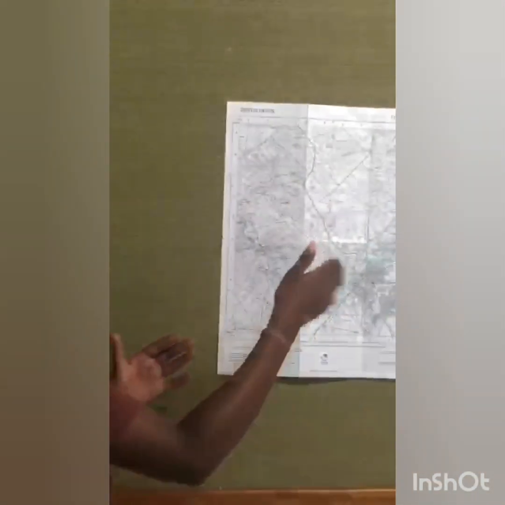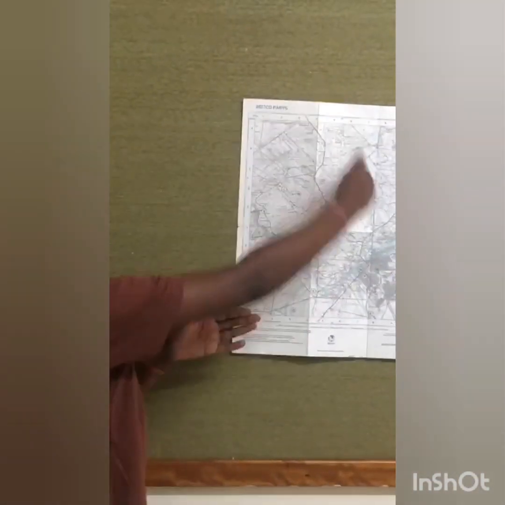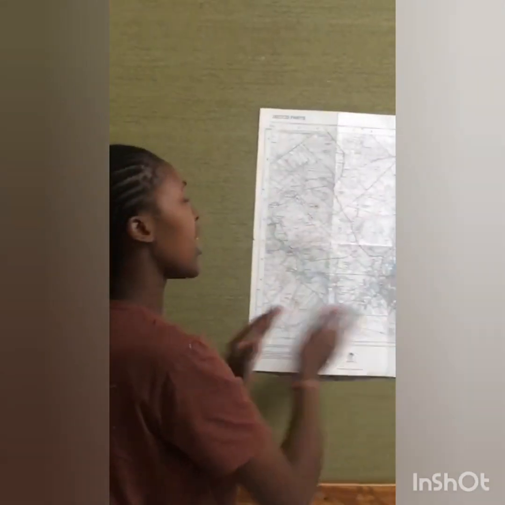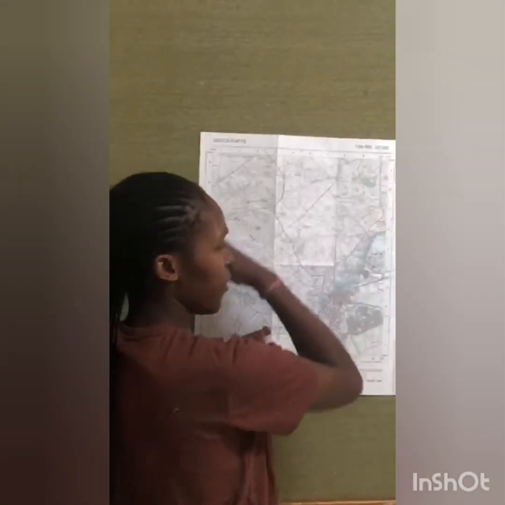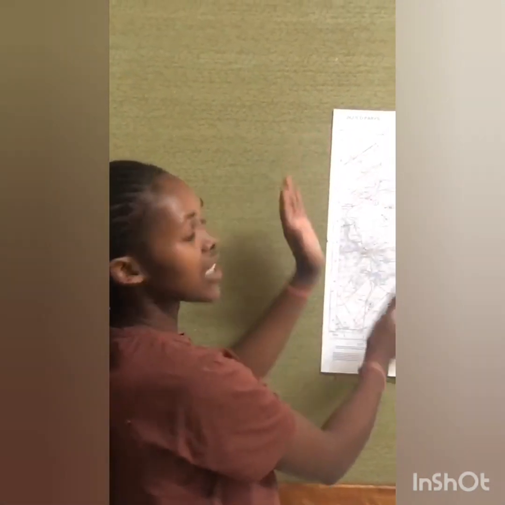On this map, you see these are lines of longitude, and these are lines of latitude. As lines of latitude increase, the average temperature cools. In the same way, as lines of latitude decrease, the temperature increases.